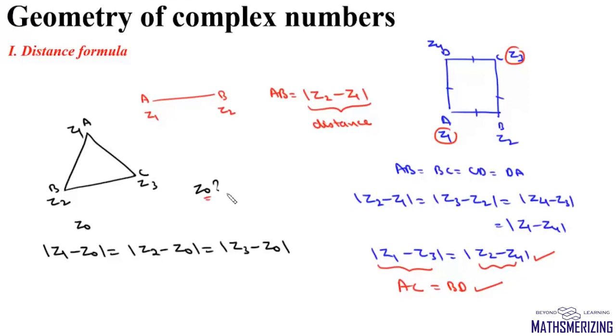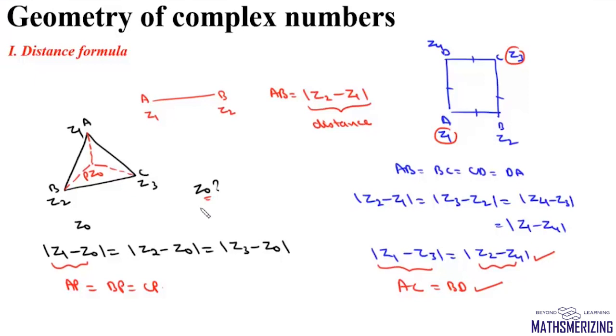Then we need to find information about this Z0. Now suppose we have any point P and this point is Z0. Now mod of Z1 minus Z0 is nothing but the distance between A and P. So this is AP and it will be equal to BP and it is equal to CP. So that means this P is equidistant from all the three vertices.